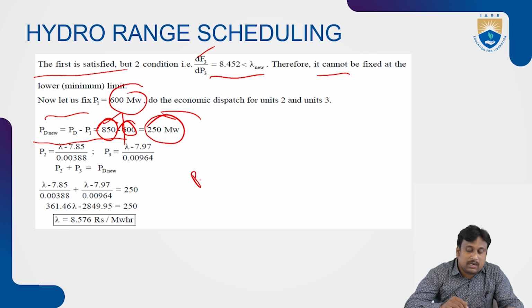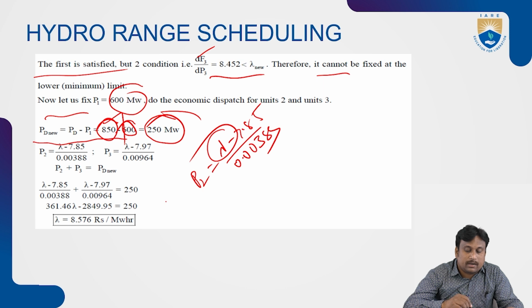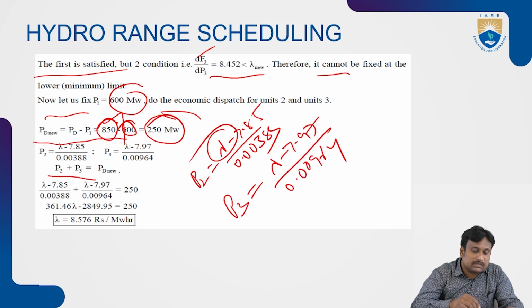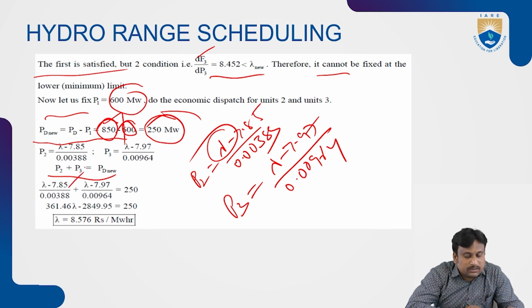Here P2 is lambda minus 7.85 by 0.00388. Substitute that lambda value here, and in the same aspect for P3, lambda minus 7.97 by 0.00964. Then P2 plus P3 is PD new, that is lambda minus 7.85 by 0.00388 plus lambda minus 7.97 by 0.00964, that is equating to 250 megawatts.